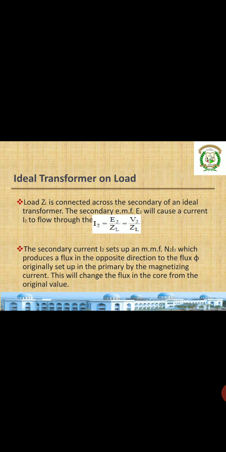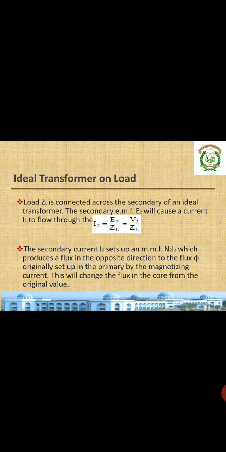Because of this current flowing in the secondary, I2 sets up an MMF called N2 I2, because the secondary has N2 turns and the current I2 flows in the secondary coil. That N2 I2 will set up an MMF which produces a flux in the opposite direction to the main flux phi. That main flux is originally set up in the primary winding because of the magnetizing current.